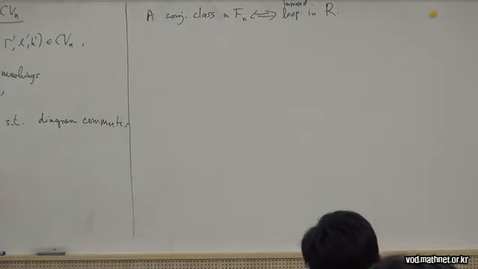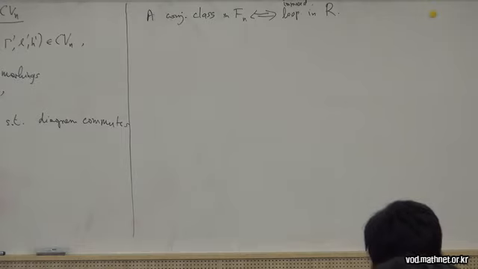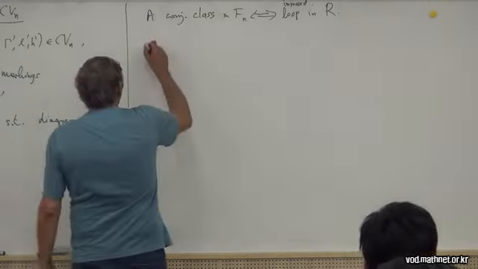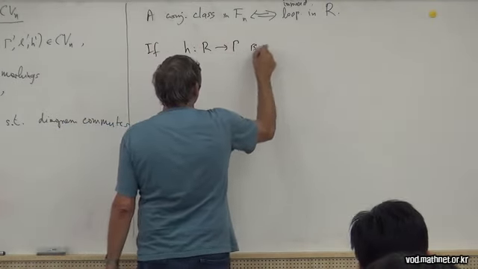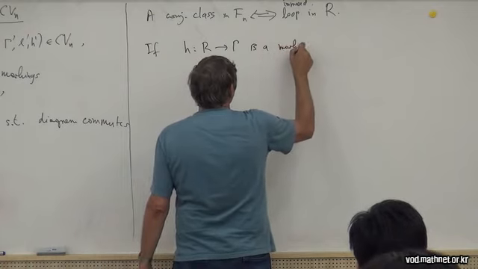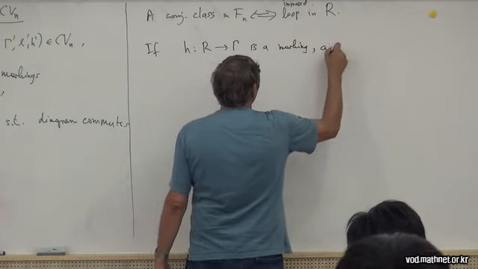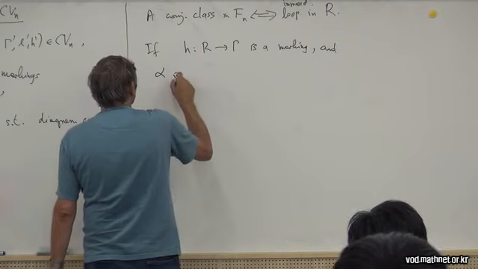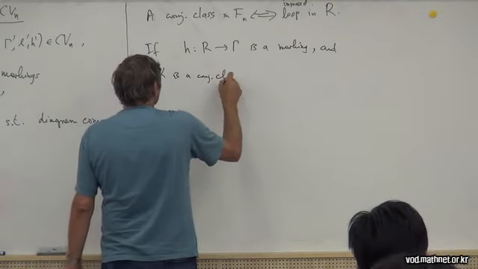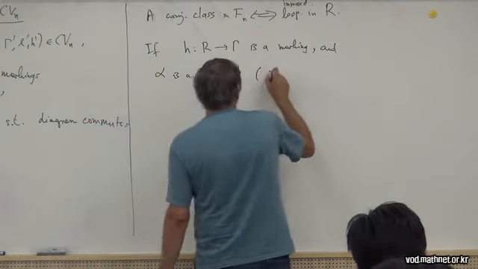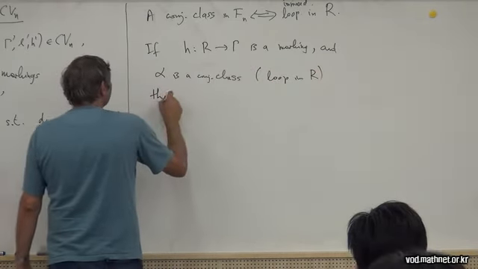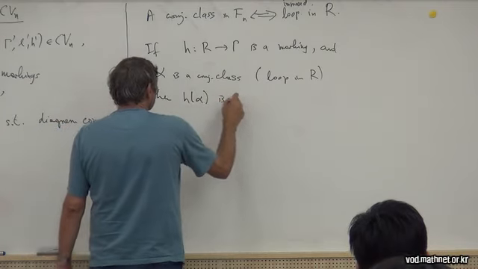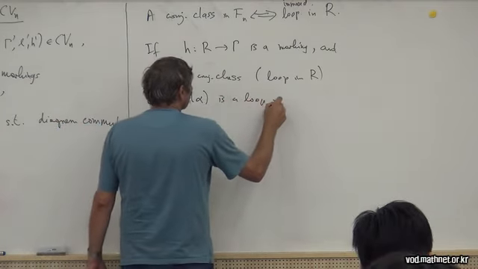But then if I have a marked graph, I can push that loop to the graph. So if H from R to gamma is a marking, and alpha is a conjugacy class, which I'm thinking of as a loop in R, then H of alpha is a loop in gamma.